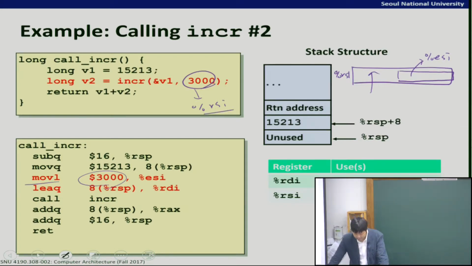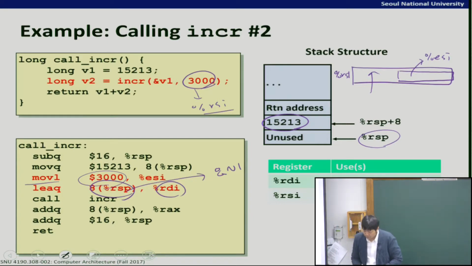Here, we set the second argument, and we also set the first argument to the pointer to V1. This value is the pointer to V1, because the V1 value is stored in the stack. The current stack pointer is RSP, and the pointer of V1 is RSP plus 8 in this case. So we pass this pointer to RDI, and we call the function.